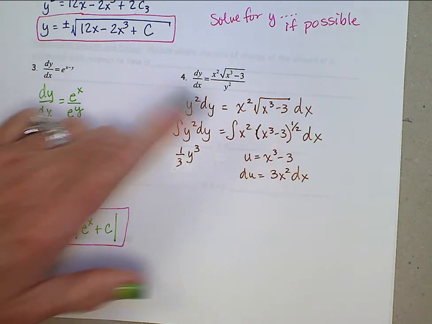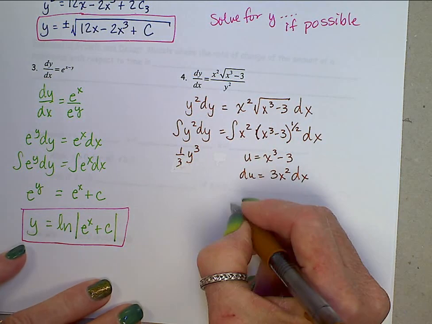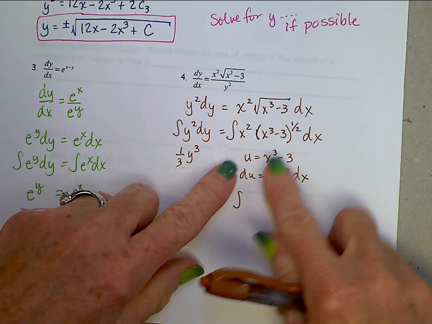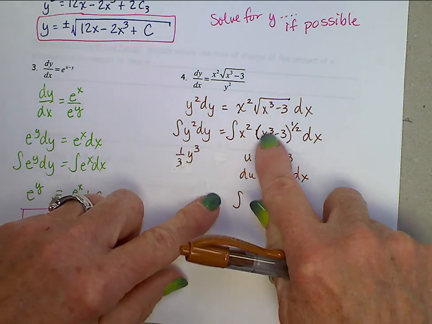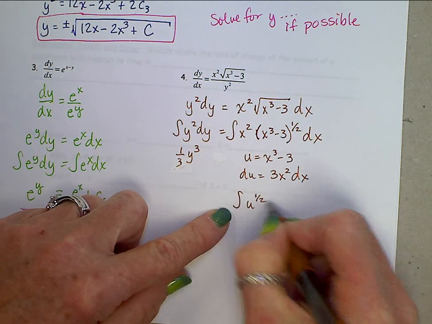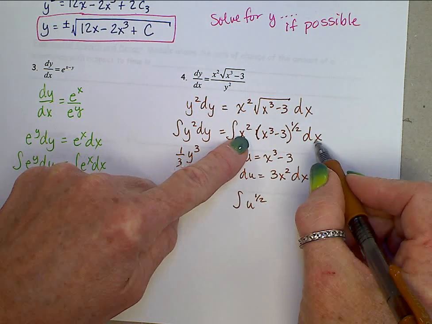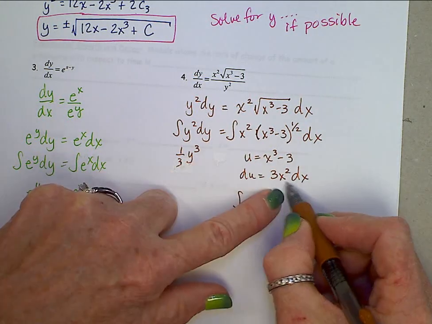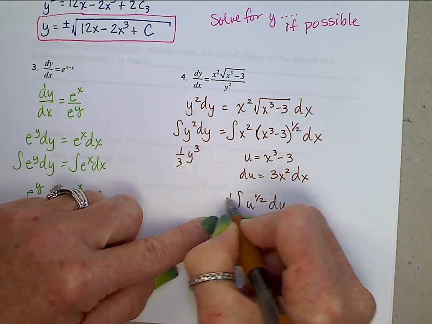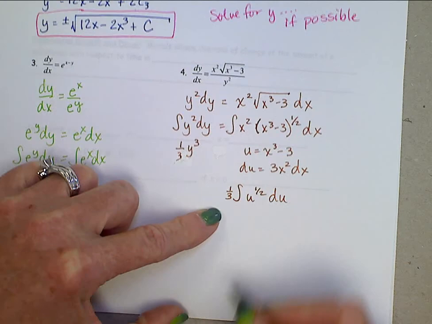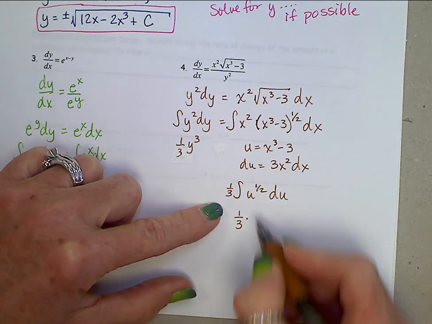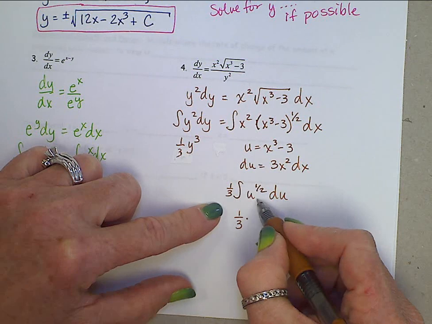When we substitute out, if you've done enough of these by practice now, you should recognize that this x cubed minus 3 to the half is the u to the half. And this x squared dx is 1/3 du. And now we antidifferentiate, and we have 1/3 times the antiderivative of u to the half.